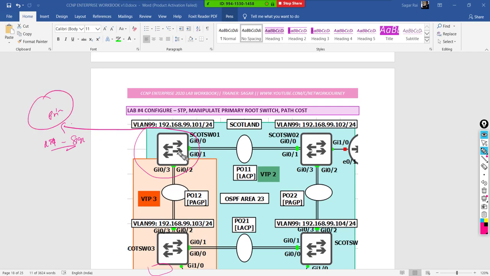Now let's say for some reason this goes down one fine day. Again the election will happen and one of the other devices will take over. If I strictly want this other device to be the next one to take the root bridge election, I use primary here, and I will make use of the secondary keyword on the second device.